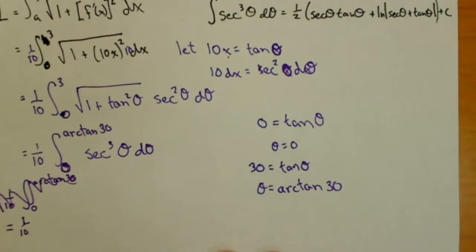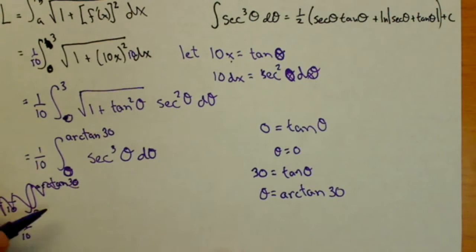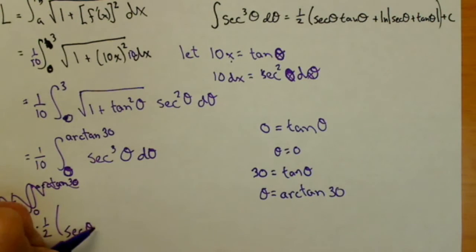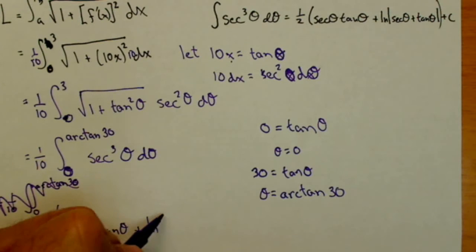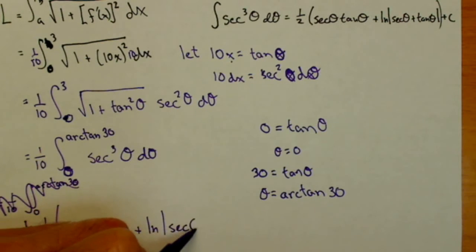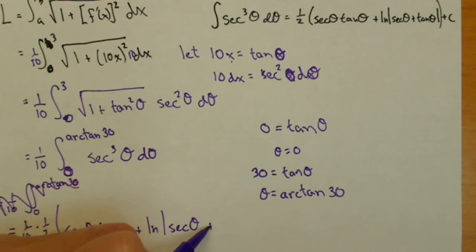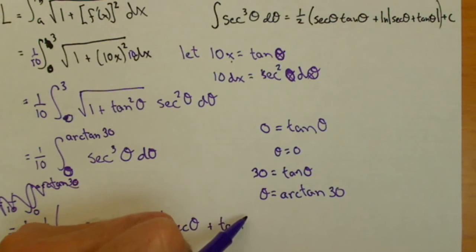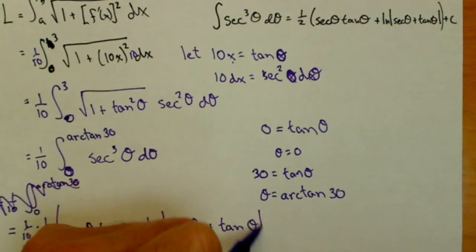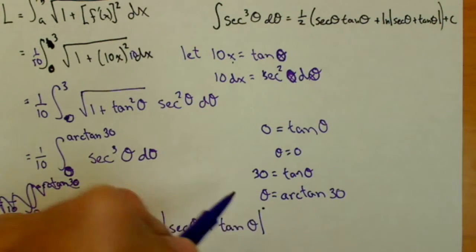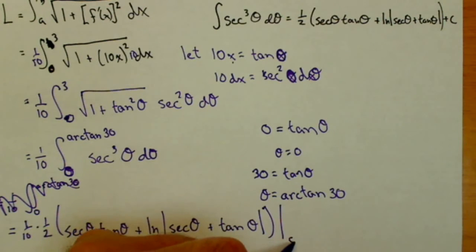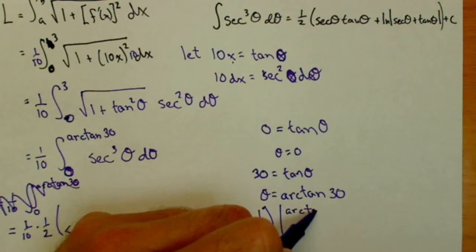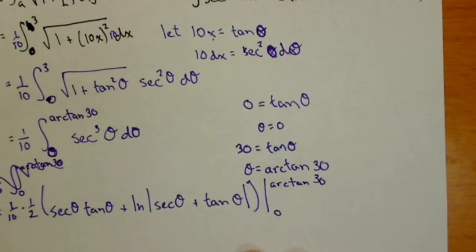We have 1/10, we actually know the antiderivative, times 1/2 secant theta tangent theta plus ln of secant theta plus tangent theta. We don't need the plus c because we're dealing with a definite integral, and we are going from 0 to arctan of 30.